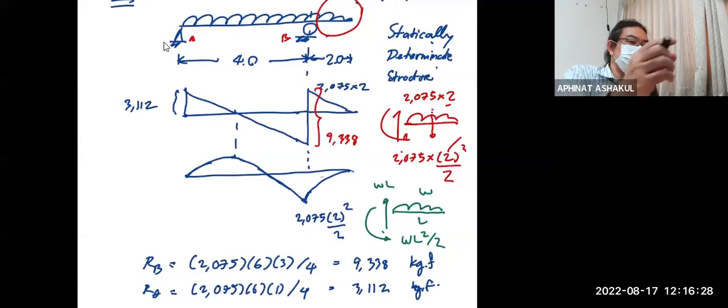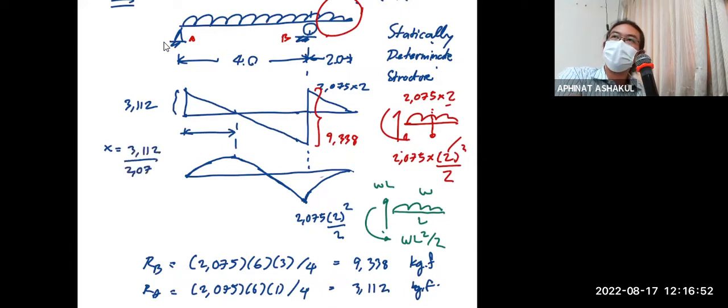So now you can calculate the distance where the maximum moment is. That's the distance where the shear becomes 0, right? So that distance x is equal to 3112 divided by 2075, right? Who doesn't know how this comes about? We all know that, right?